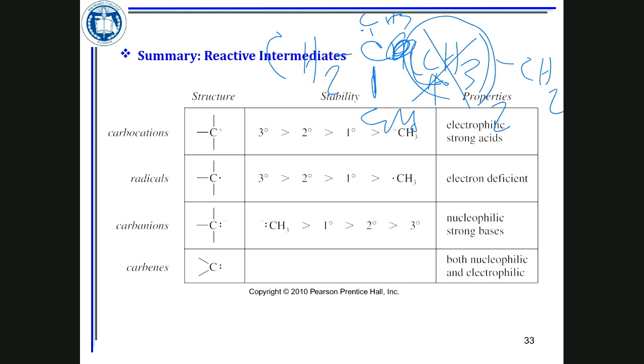Believe me, it's going to be much easier if you write the condensed formula instead of the line angle to begin with, because you do have time. Then you can see all your carbons and draw the structure in a way you can name it easier. So we have a CH2, we have a CH with an OH attached and a bromine attached.